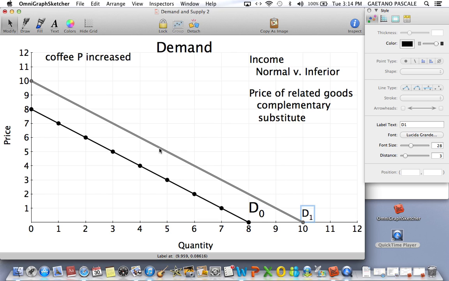All right, so that is what I mean by the price of related goods, that the price of substitutes and complementary goods will impact the demand for the other product. So realize that the demand for a particular product relates to the price of the product, people's income levels, all right, but also the price of related goods.